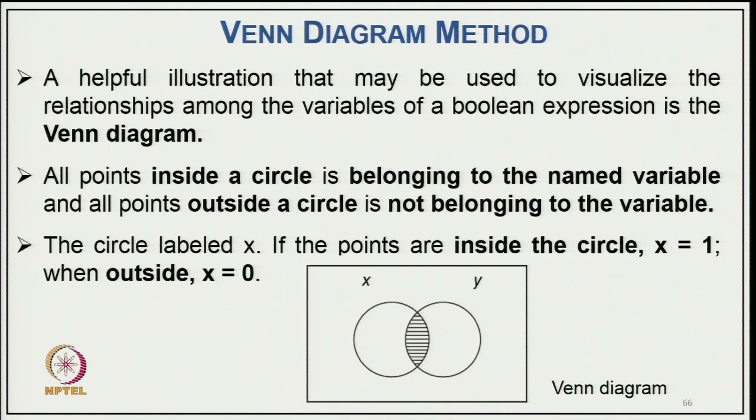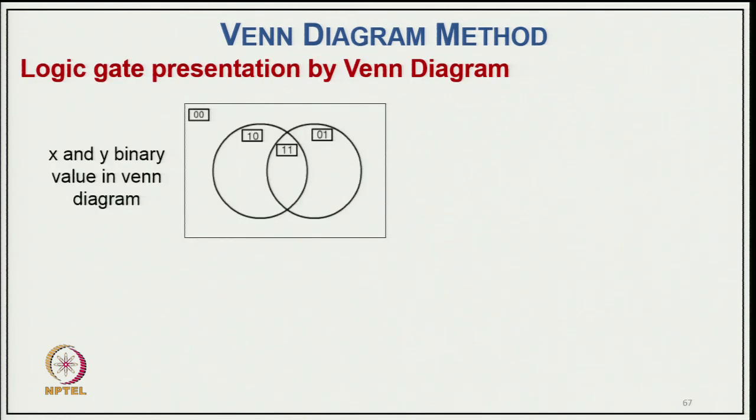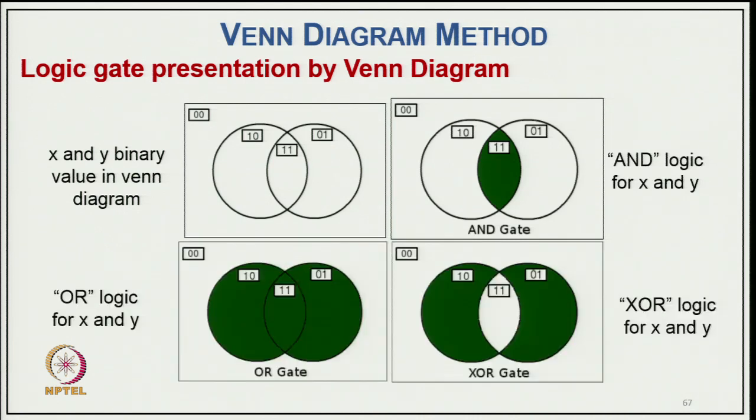For a circle labelled x, if the points are inside the circle x equals 1, and when outside x equals 0. Logic gates can be represented by Venn diagrams, typically in 4 diagrams, where x and y are binary values.